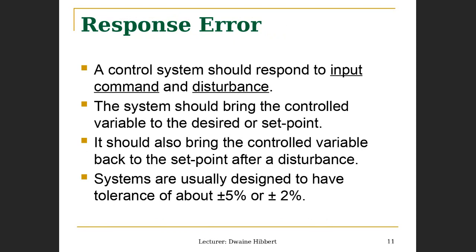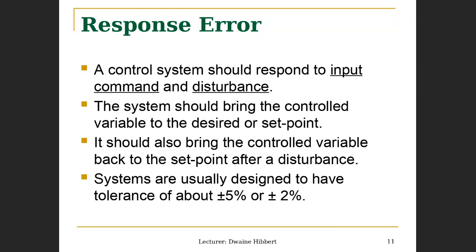A control system should respond to the input command. Remember that when you give the system a command, it should respond. The system should respond to an input, or the system should respond to a disturbance. So remember, when you have a closed loop system, the system should work to keep the controlled variable, or the output, as close as possible to the set point.